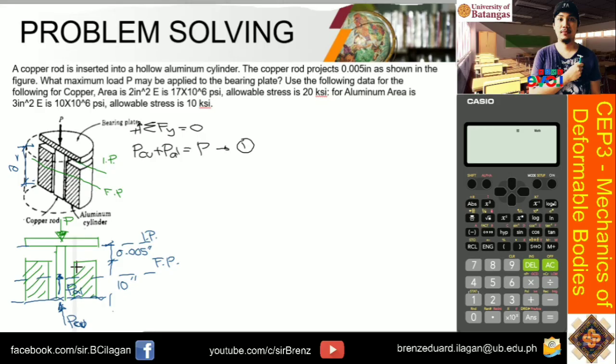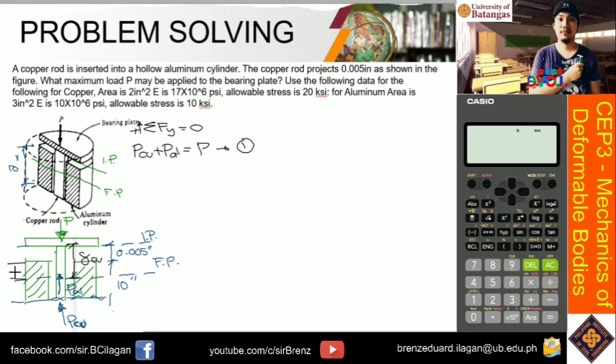Okay? So from this figure, di ba initial position, final position. So therefore, this one, ayan, that will be the deformation of your, ano ba yung nasa gitna natin? So that is the deformation of the copper. Okay? And this portion, so alin lang ba yung aluminum natin?